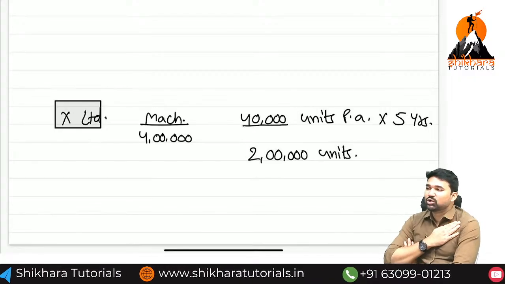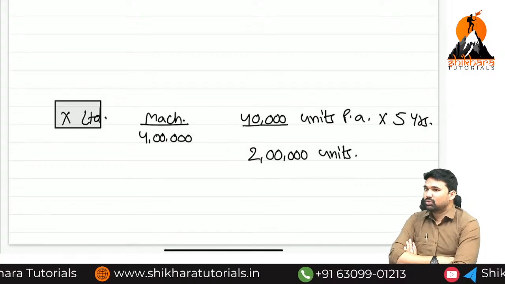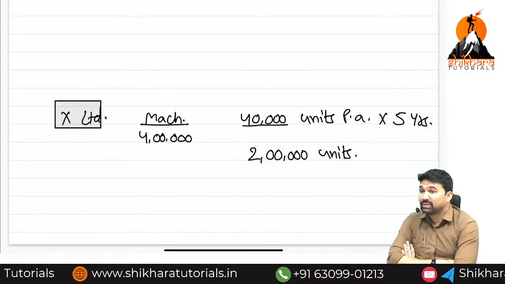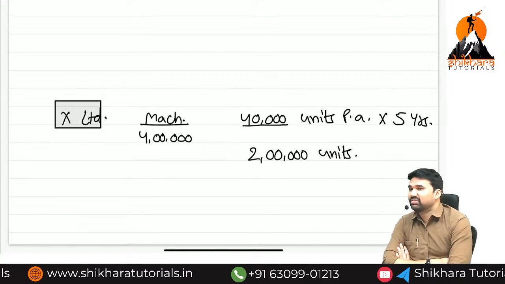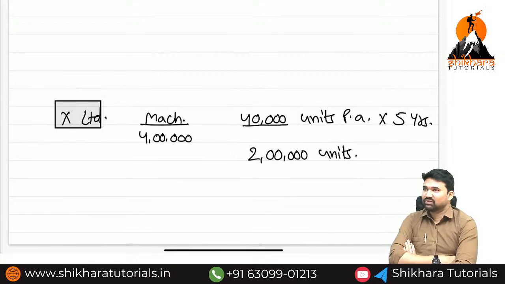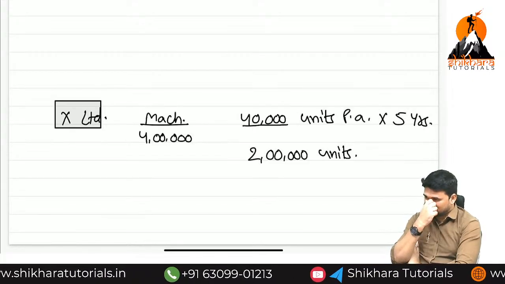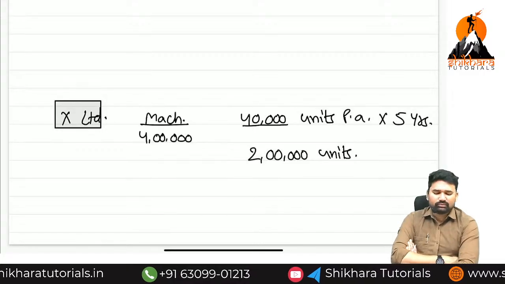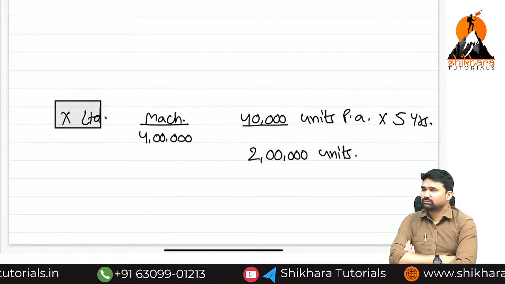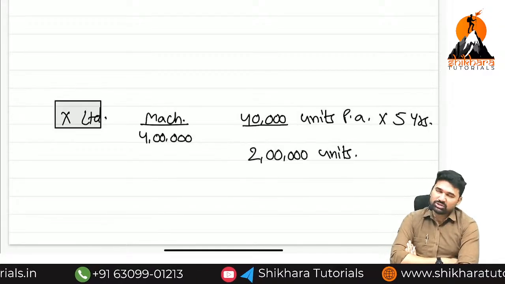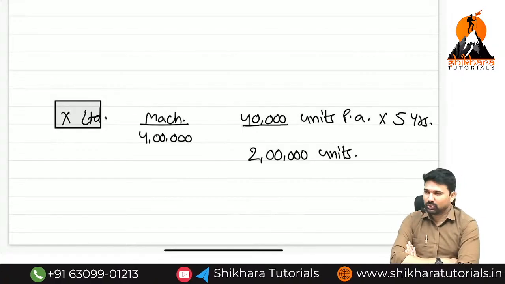We intended to produce 40,000 units per annum, so we are going to use the machine for the coming 5 years. Listen carefully, very important. What is the total cost of the machine? 4 lakh. By using the entire life of the machine, how many units are we going to produce? 2 lakh units.